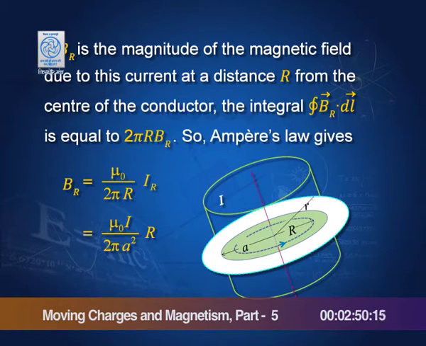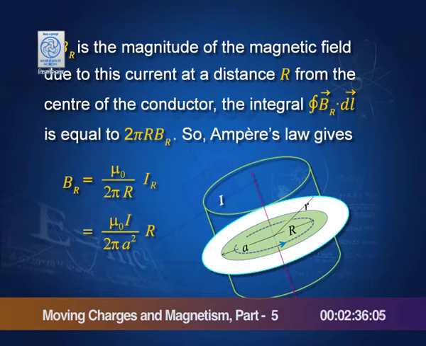So, 2 pi r times B r, the magnetic field at a distance r from the axis of the cylinder, is equal to mu 0 times I r, where I r is I r squared by a squared. Therefore, B r is mu 0 I by 2 pi a squared times r.